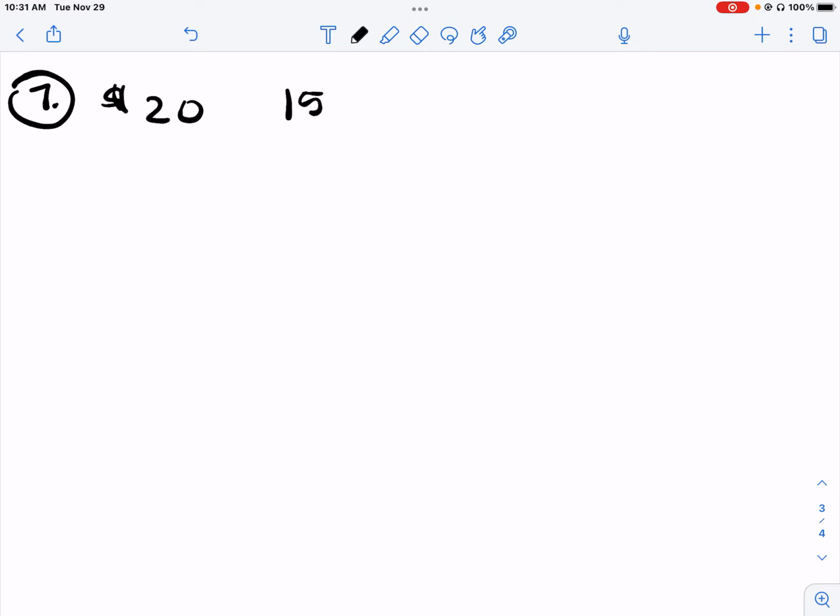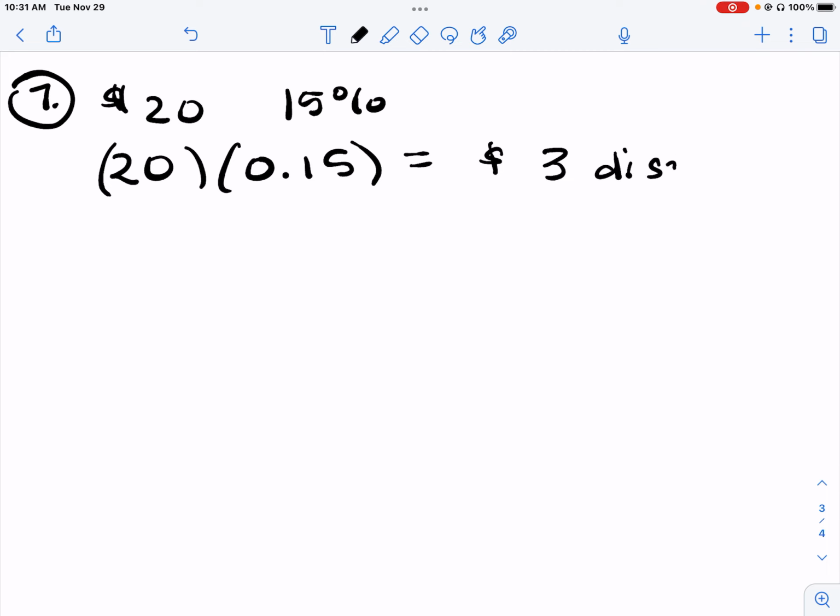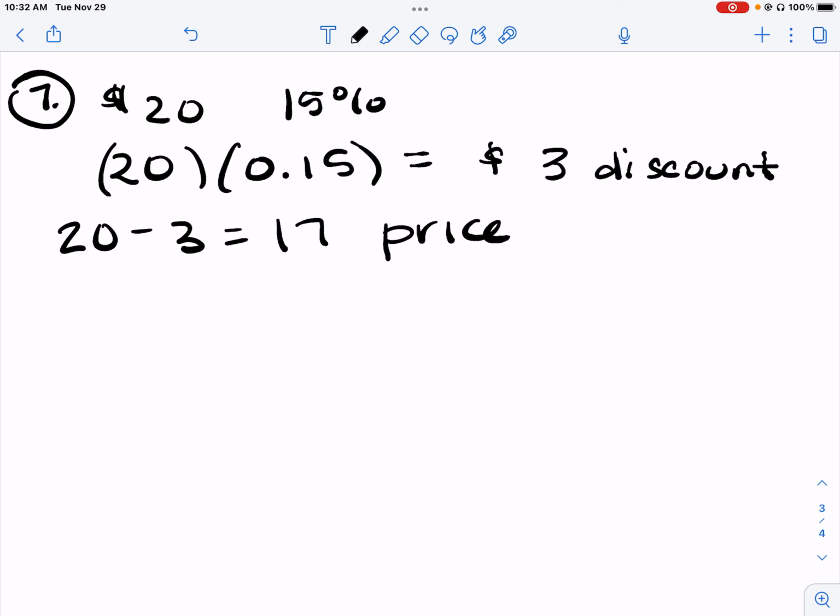$20 with a 15% discount. You multiply by the decimal, 0.15. That's a $3 discount. So that means 20 minus 3 is our price before tax.